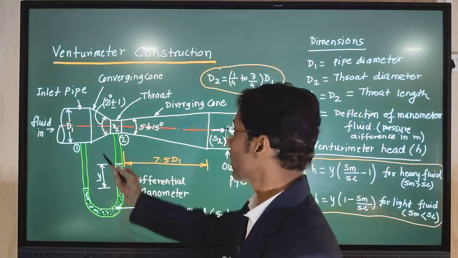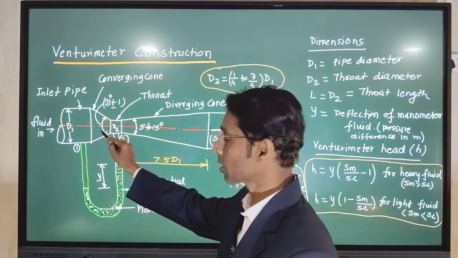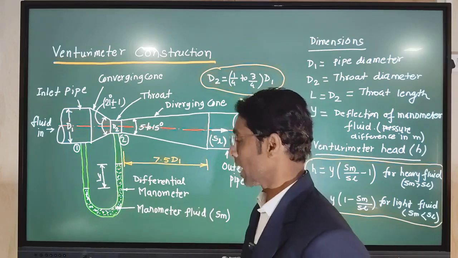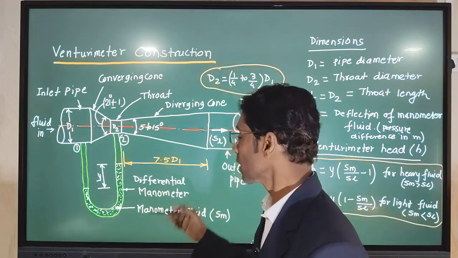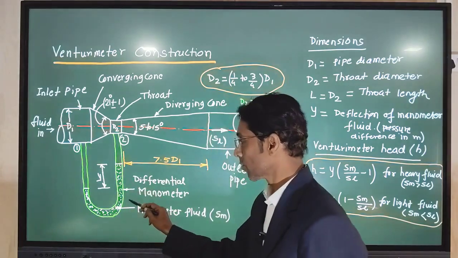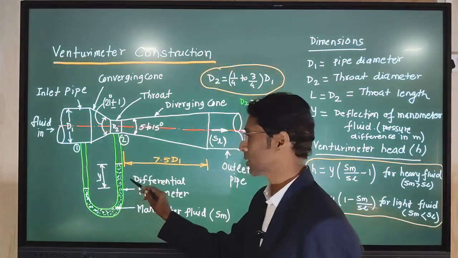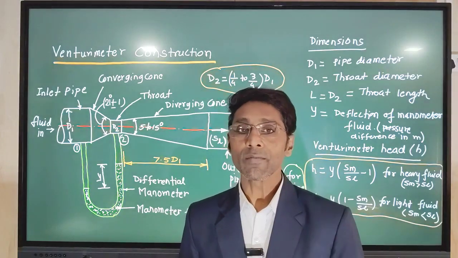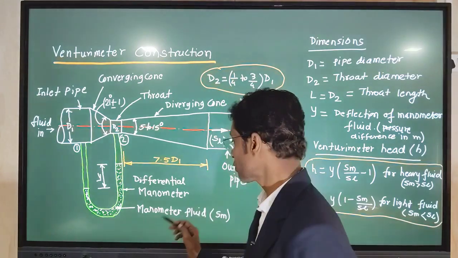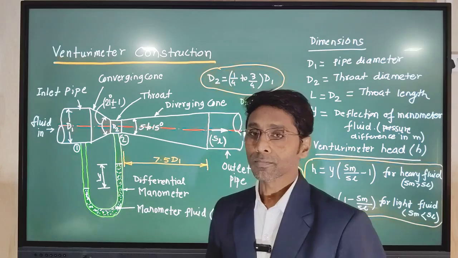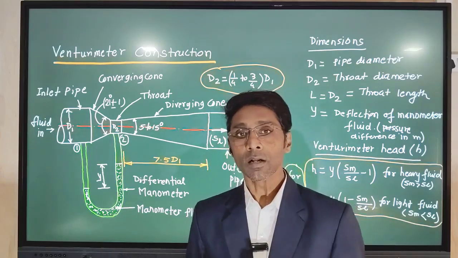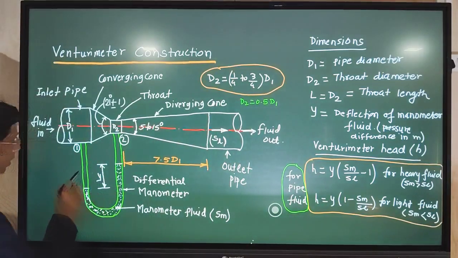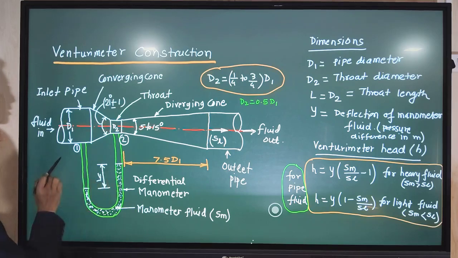Between 1 and 2, because of the change in the diameter, as per the working principle, there is a change in pressure, and this pressure difference is shown by the fluid present in the manometer. Mostly there are two types of fluids: one is a heavy fluid and another is a light fluid. Heavy fluid is mostly mercury, and light fluid is petrol-based, which is light in nature. So here the level difference is created.